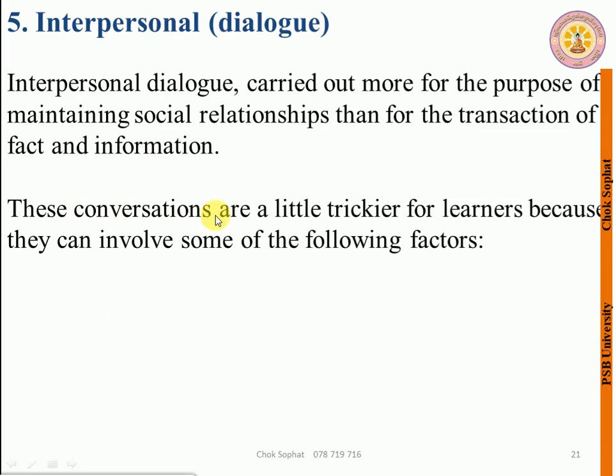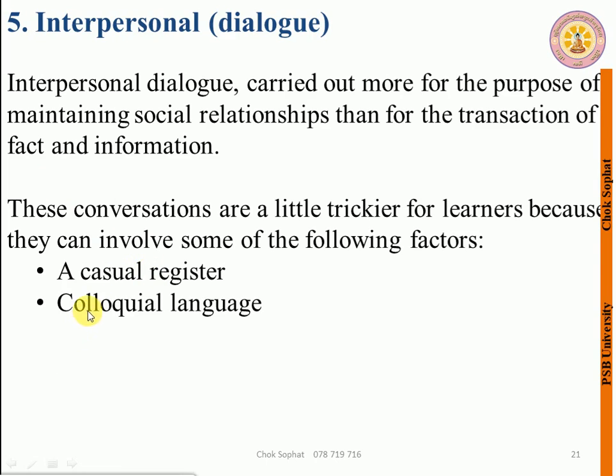These conversations are a little trickier for learners because they can involve some of the following factors, like casual registers, casual and normal, for example in the situation of registers, colloquial language and formal language.